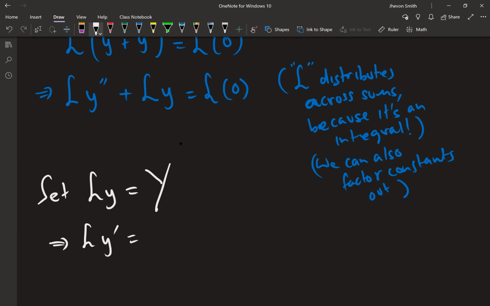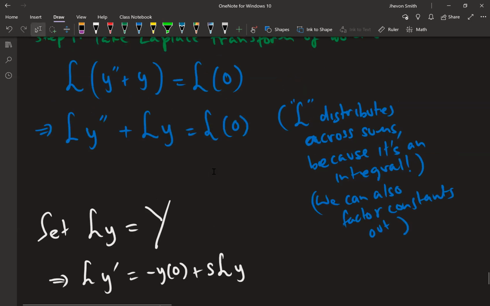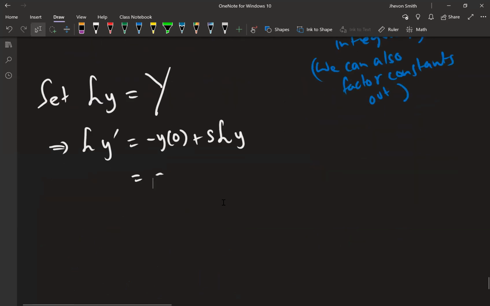Since it's a recursive formula, I first find the Laplace transform of y prime. This is going to be minus y0 plus s times the Laplace transform of y. My y0 was 0, plus s times the Laplace transform of y, which I just call big Y. So this is just s times big Y.